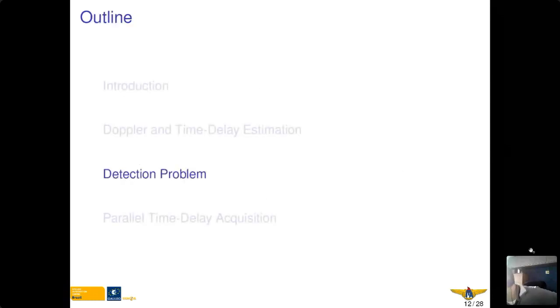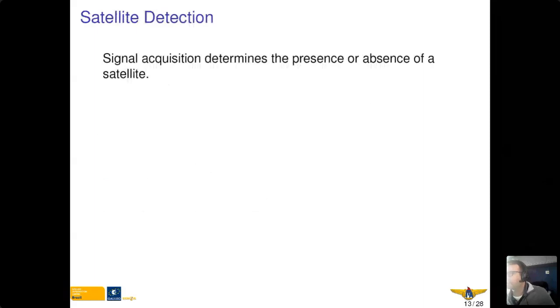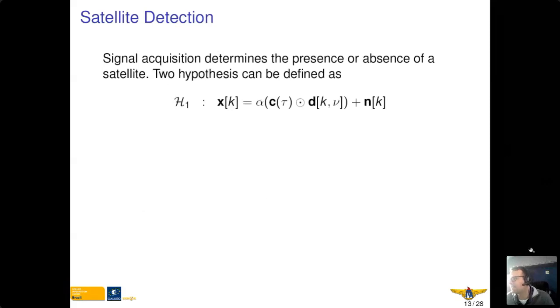How can we now formulate the detection problem? Signal acquisition determines the presence or absence of a satellite. Two hypotheses can be defined: hypothesis H1 says the satellite is present, and hypothesis H0 says the signal is just noise.